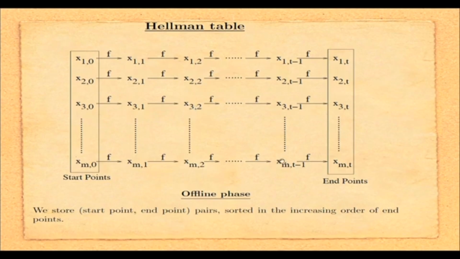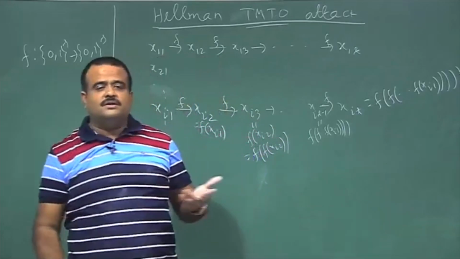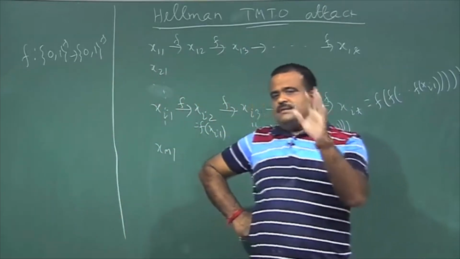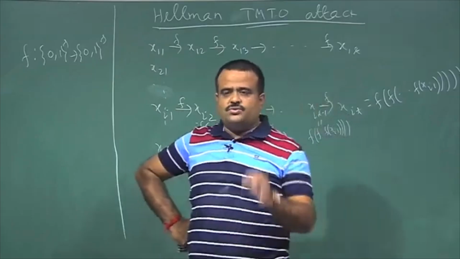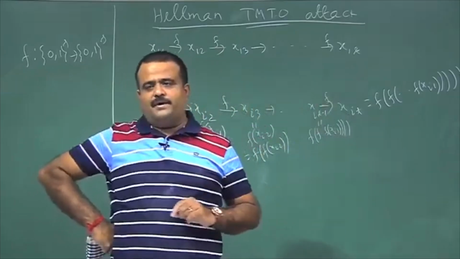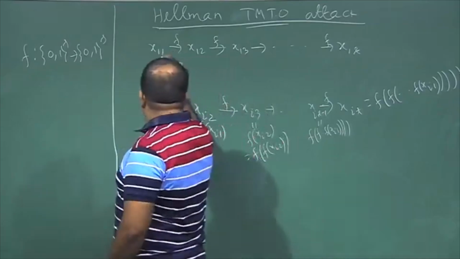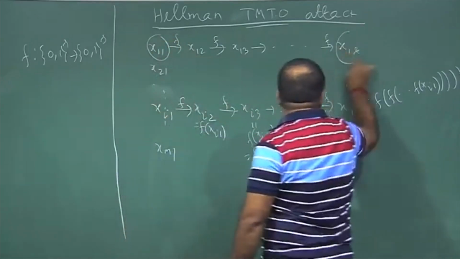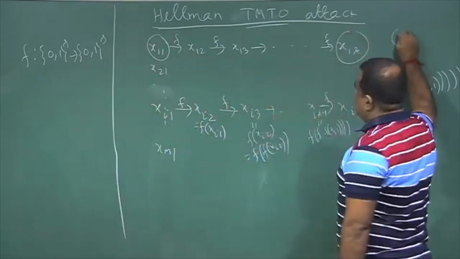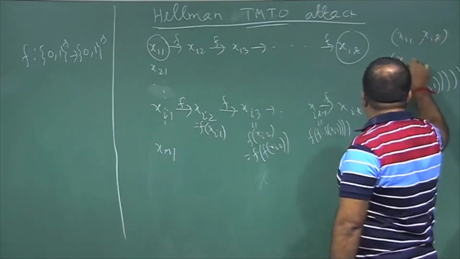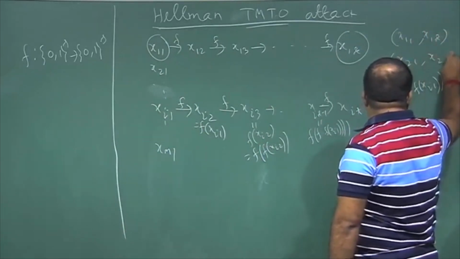We are not storing the whole table, because whole table storing is the same as the table lookup method, and we do not have that much memory in our hand. So, we are just storing the start point and end point pair. We compute this, then we store this point and this point: x11 comma x1t like this, for second x21, x2t like this.